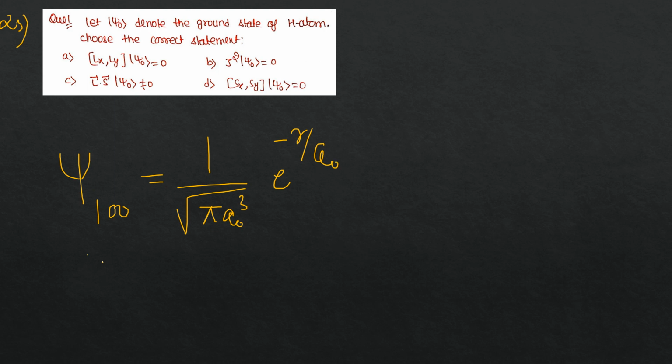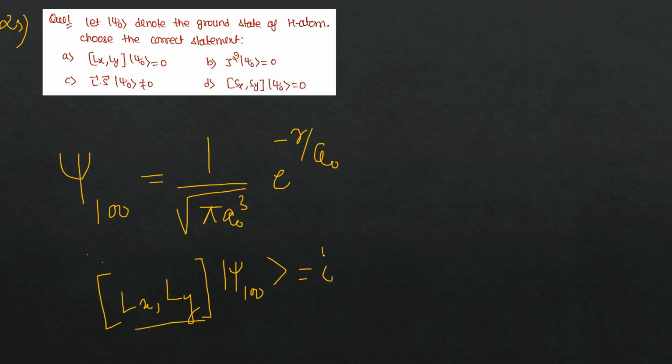So if I apply these options, first let's see option A. Option A is Lx Ly psi 100. So if I apply it, what is Lx Ly? Commutator, i h cut Lz, isn't it? Simple. So i h cut Lz psi 100.